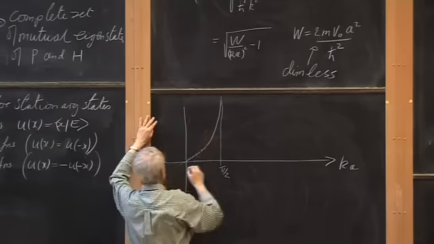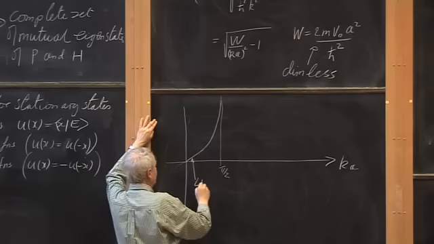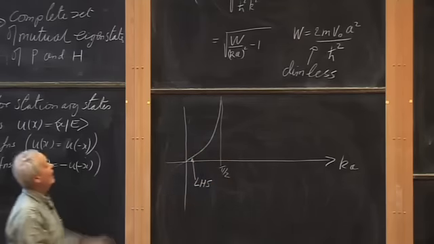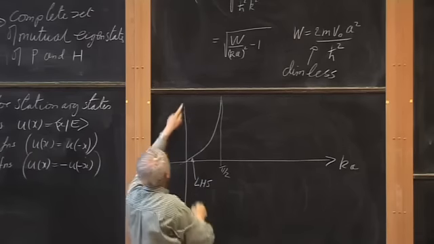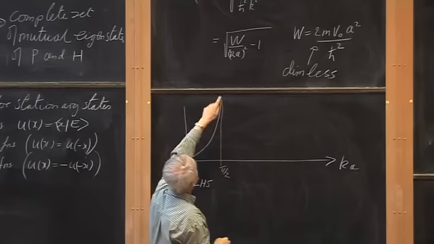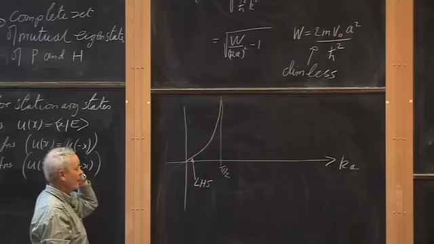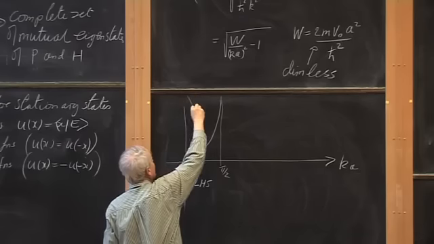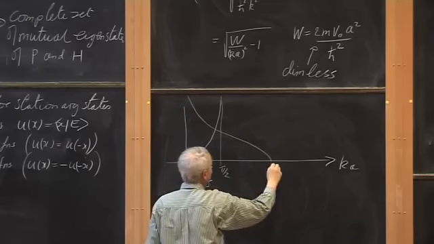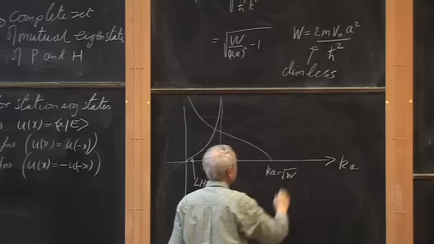So this here is the left-hand side, tan Ka. The right-hand side is coming down from infinity, and it's going to go to 0 when Ka squared is equal to W. So this right-hand side is cruising down from infinity, and it's going to go to 0 when Ka is root W.